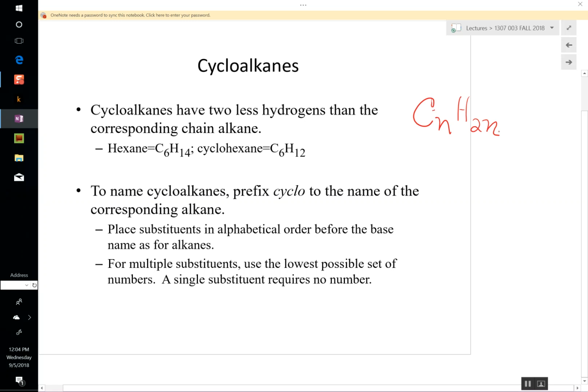There are 6 carbons and 12 hydrogens. Cyclohexane. What's the N? N is the number of carbons. So we could have cyclopentane. It would be C5H10. Or cyclobutane, C4H8.